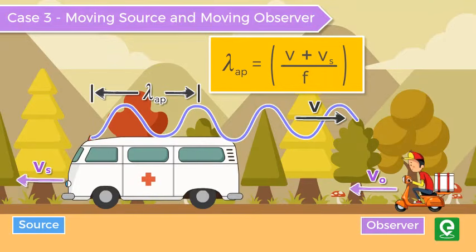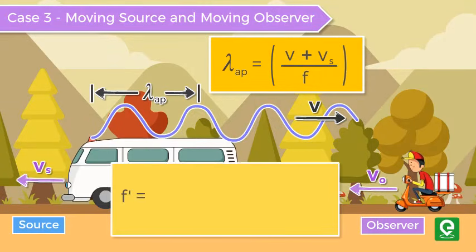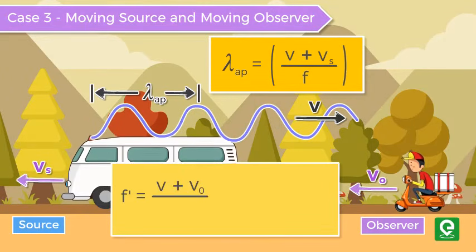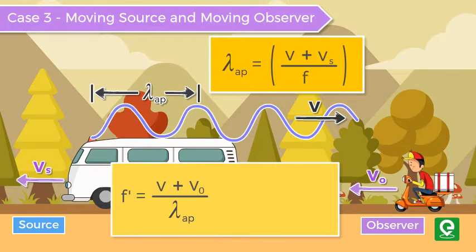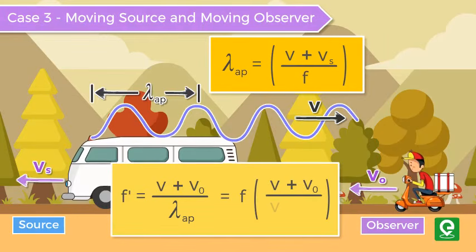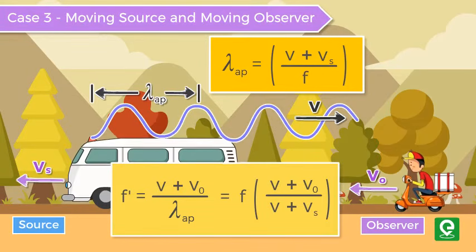Now this sound wave will approach the observer at relative velocity of v plus v naught. Therefore, the apparent frequency of sound heard by the observer f dash is equal to f into (v plus v naught) whole divided by (v plus vs).